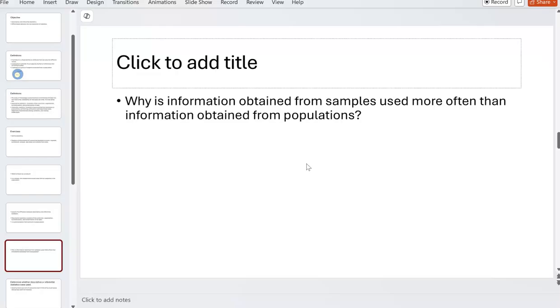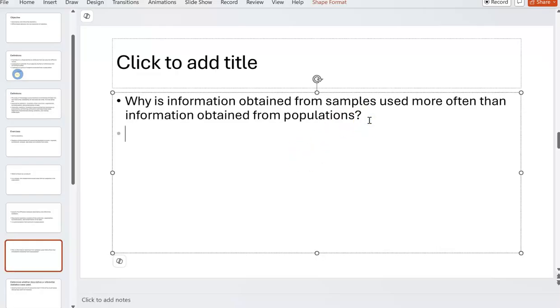Because then you have to think about how you are going to collect the data, how you are going to go through the data, do you have enough people, and how much time, money, and resources are going to go into that.